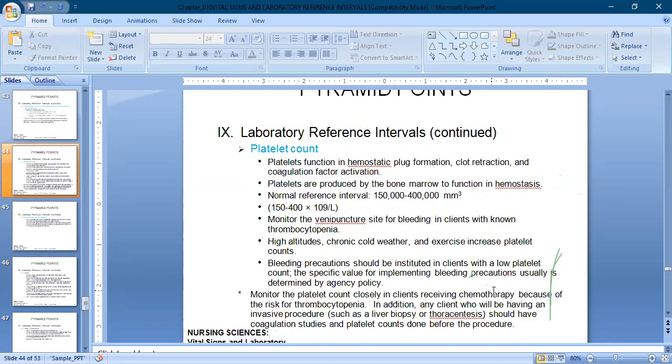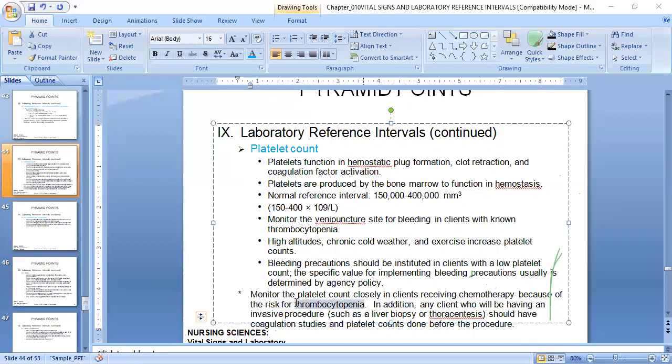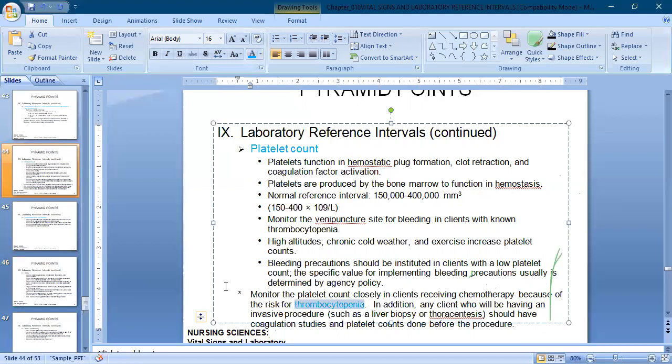Bone marrow suppression leads to all cells going down, pancytopenia. One of the cells is the platelet. Platelets also go down, and this is called thrombocytopenia. Thrombocytopenia means the total number of platelets goes down.